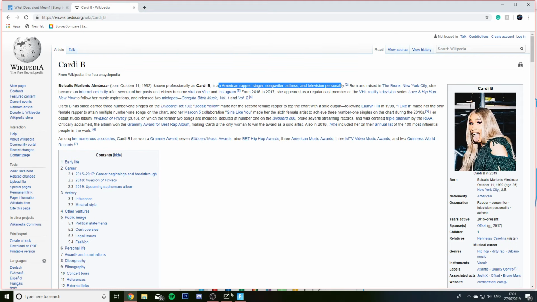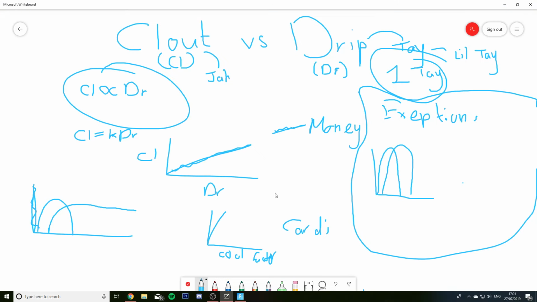American singer, rapper, actress, and television personality, Cardi B, would be a perfect example of this clout to drip relationship, which we call a non-linear inverse relationship in the world of mathematics, and especially in the clout and drip branches of pure maths, which we're dealing with at the moment.